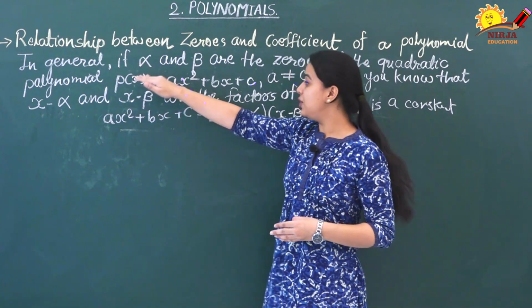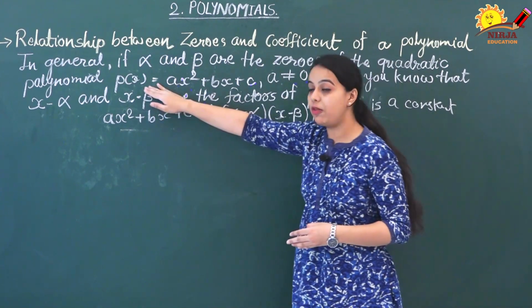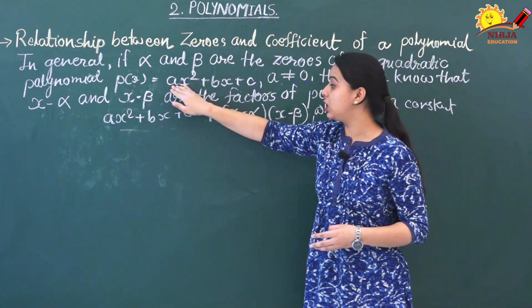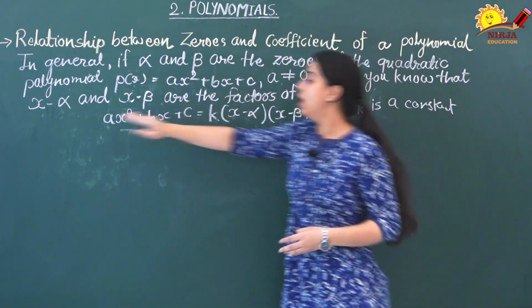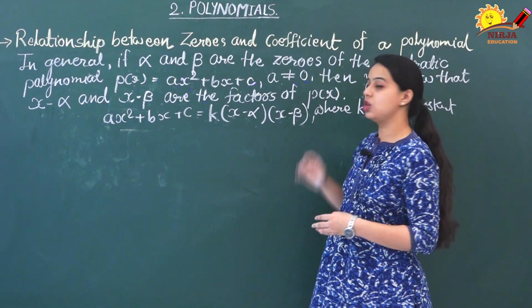In general, if alpha and beta are the zeros of the quadratic polynomial p of x is equal to ax square plus bx plus c, where a is not equal to 0, then you know that x minus alpha and x minus beta are the factors of p of x.